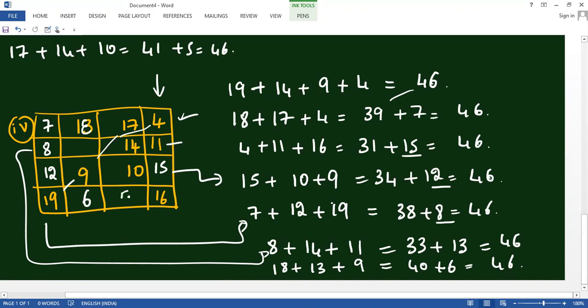This could be the 5. So this question is 13.